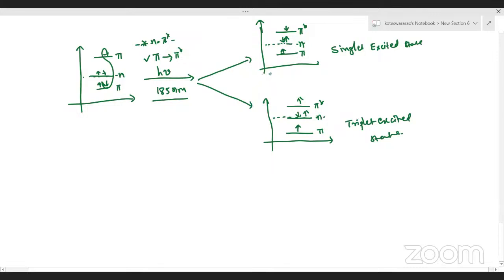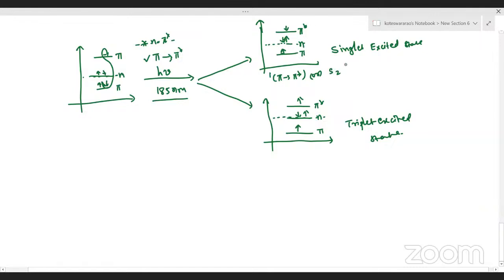The singlet π to π star excited state is also called the S2 state.